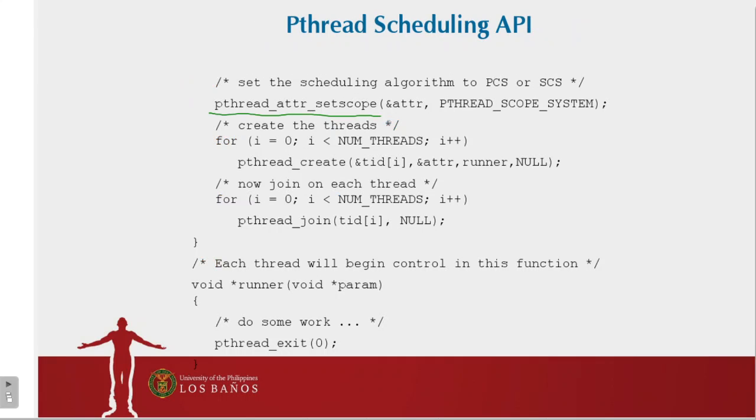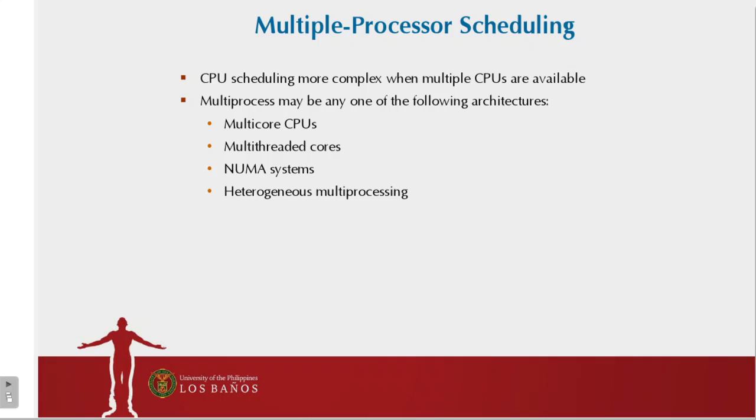So far what we've been discussing is scheduling in single processor systems. Of course, modern systems have many processors, and it becomes more complex with multiple processors or CPUs.